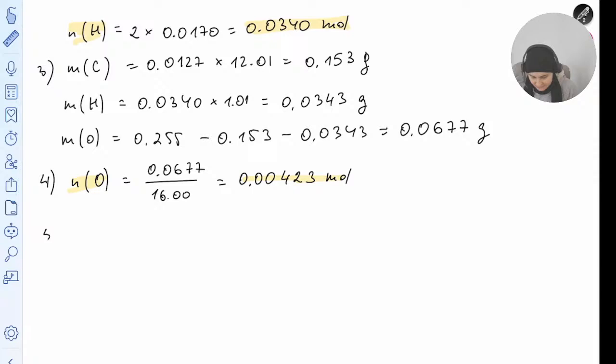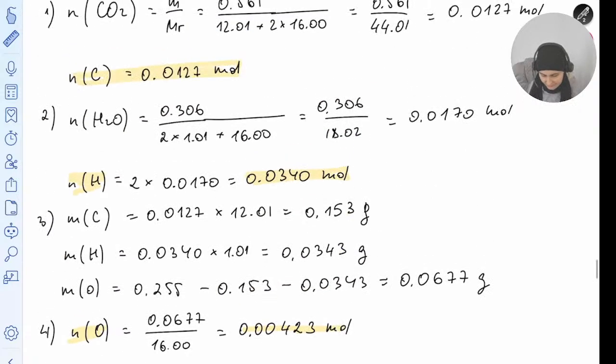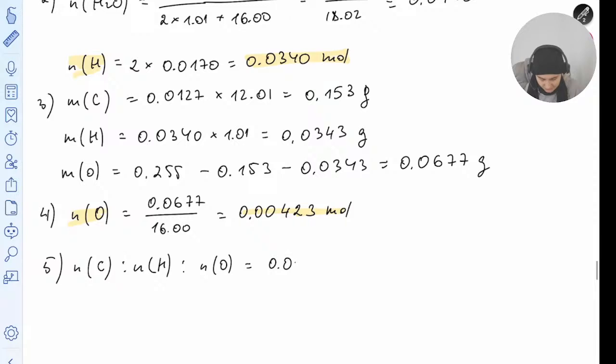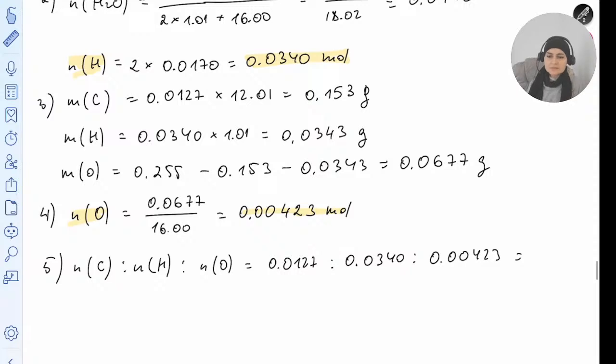So now I take the ratio of carbon atoms to hydrogen atoms to oxygen atoms. 0.0127 to 0.0340 to 0.00423, dividing by the smallest number.